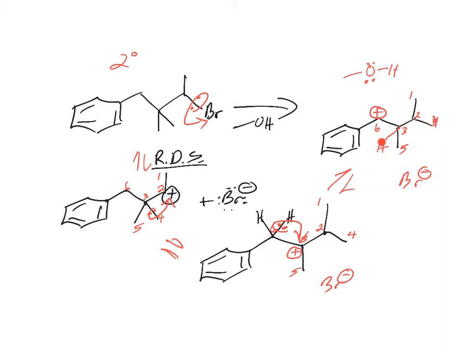So we're gonna take that beta hydrogen, and we could either use the bromine or the solvent. It's up to you. Which one do you want me to use, bromine or the solvent? Let's use the solvent. There's a lot of solvent around. Solvent's going to take that H and make an alkene.